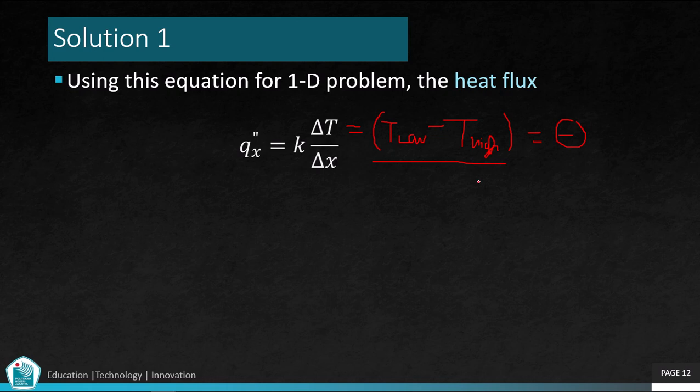So we can remove the negative sign by changing the delta to high minus low. So this delta here is not low minus high, but T high minus T low, or T cold. Please remember.